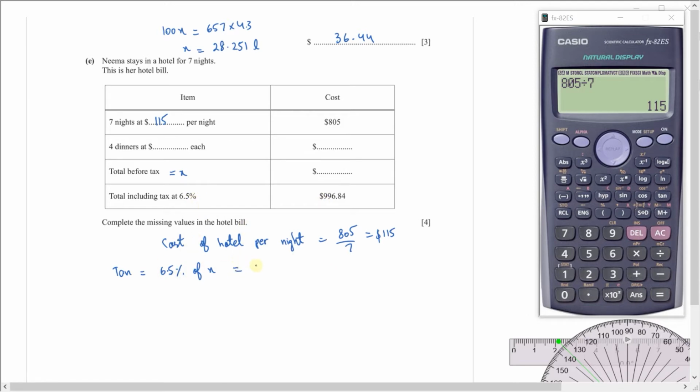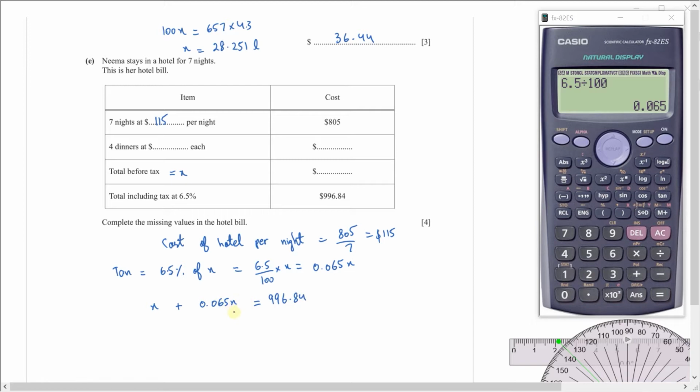So 6.5% of X will be 6.5 divided by 100 into X, which is 0.065X. So now if you add the total before tax, which is X dollars, plus you add the tax, which is 0.065X, you get the total including tax, which is $996.84.